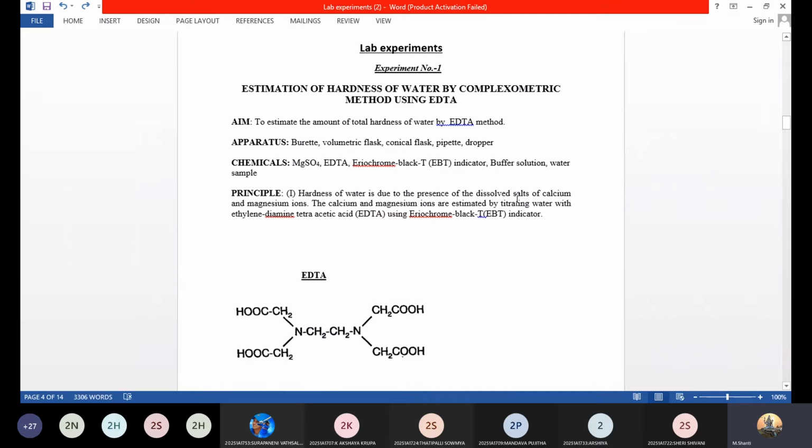From 9:30 we'll start experiment 1. For every 1 hour, we'll be completing each experiment. Before your lunch break, we'll be doing 3 experiments. After you come back from lunch, we'll have 1 experiment, and immediately at 2:30 we'll start our lab internal exam.